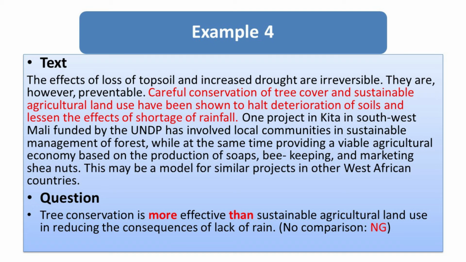When we read the text, we find out that it is talking about tree conservation and it is talking about sustainable agricultural land use, but there is no comparison between these two items. They have just been mentioned in a simple way. No comparison is being made. So as a result, we can say that the answer here is again not given.